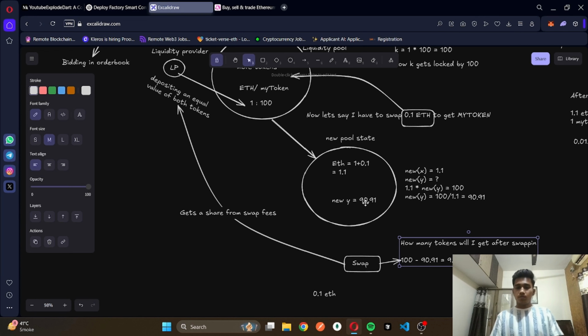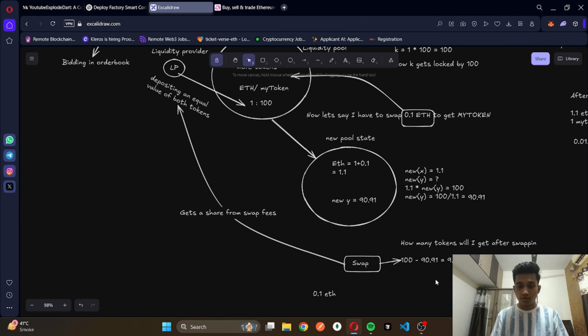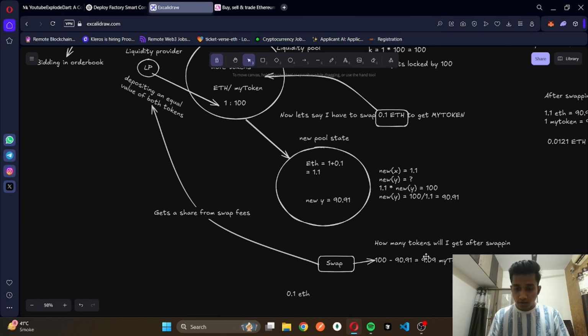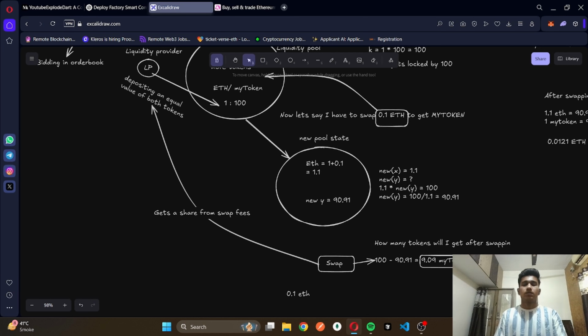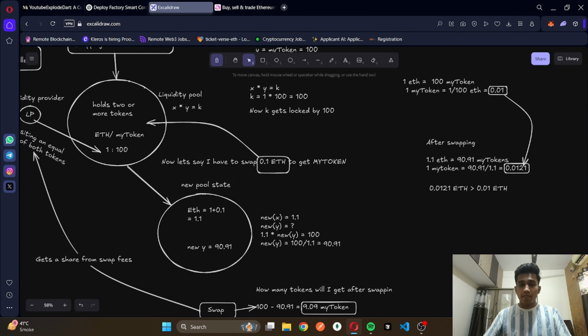Simple difference. So I got these tokens. Now the question arises, how actually does the price of my token move? Now I'll show you that.